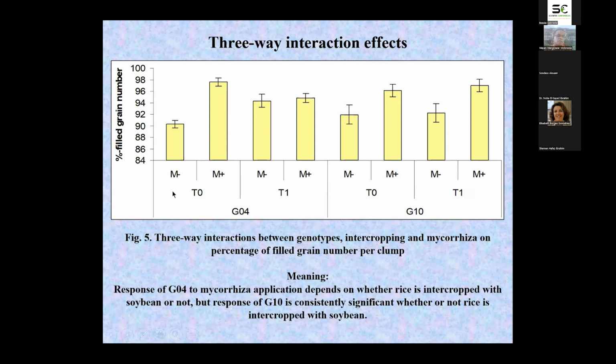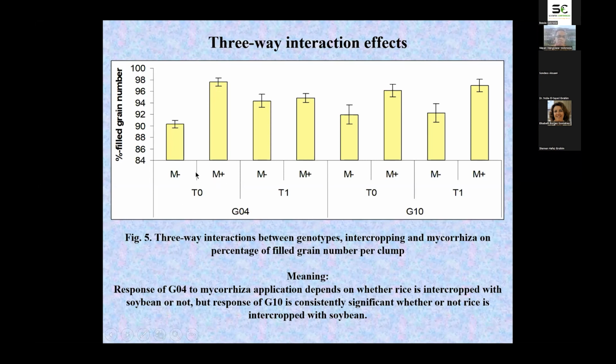This is filled grain number with all three treatment factors. We can see here an increase of percentage of filled grain number in G4 was highest here.